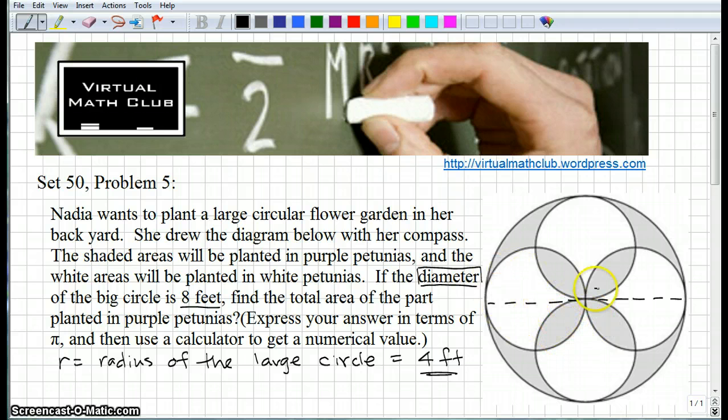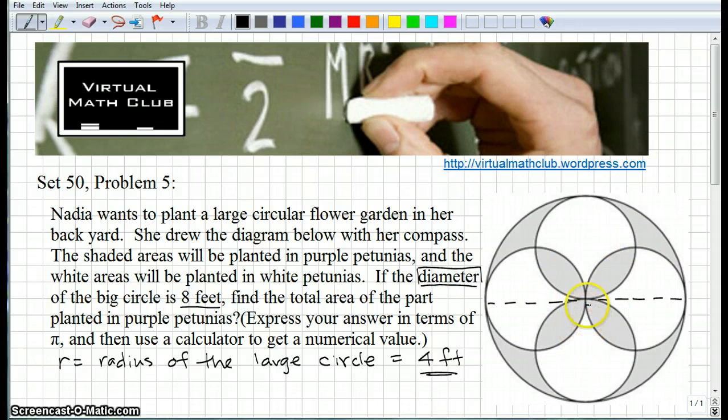Well, how can we approach this? We have the big circle, and then we have these smaller circles, but they also have this overlapping region. So what I want to do is take the area of the large circle and subtract out the areas of the smaller circles.